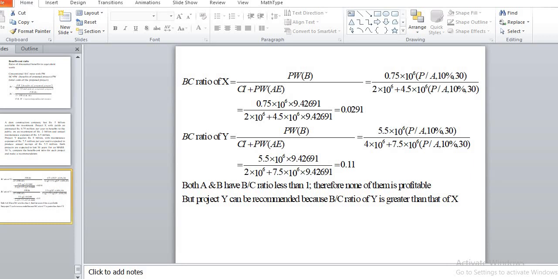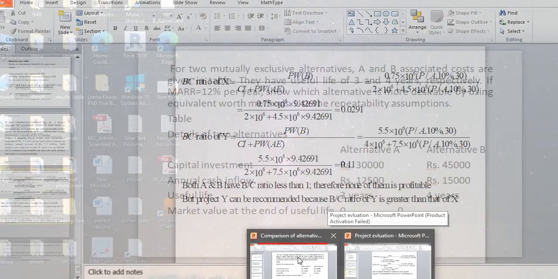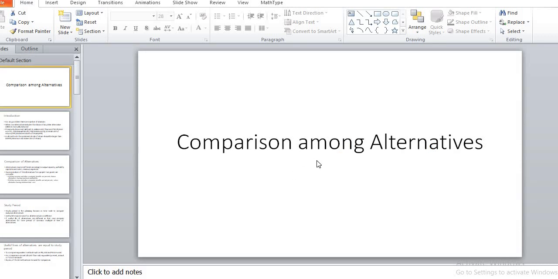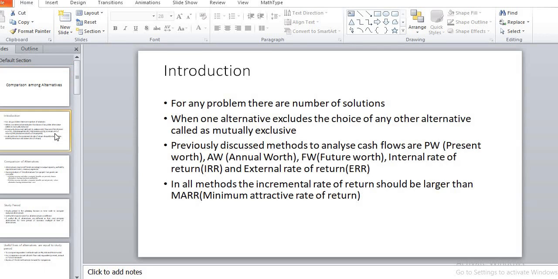So in the next topic we will discuss the comparison among the alternatives, which we can evaluate using the methods that we studied in the earlier topics.